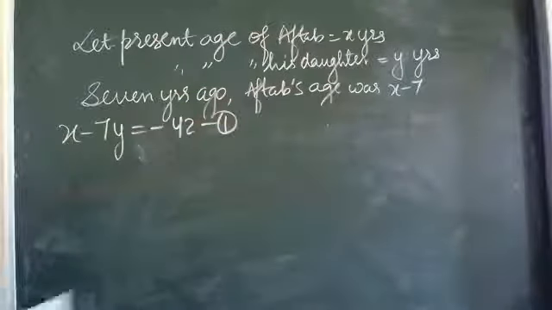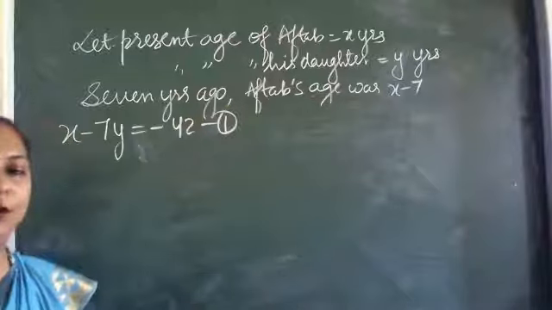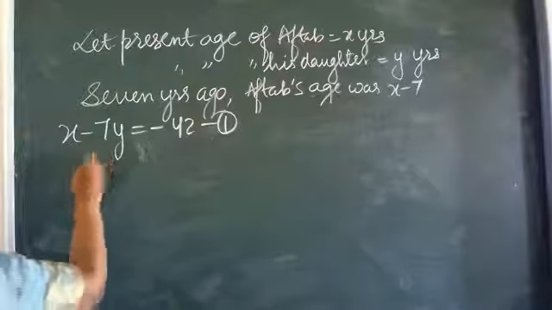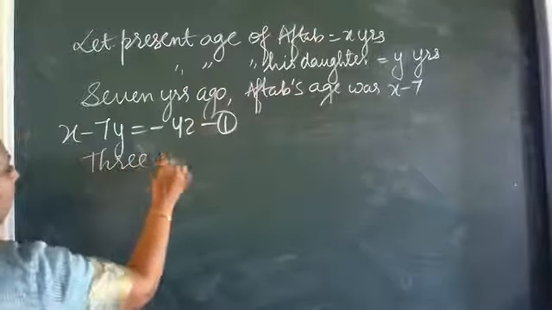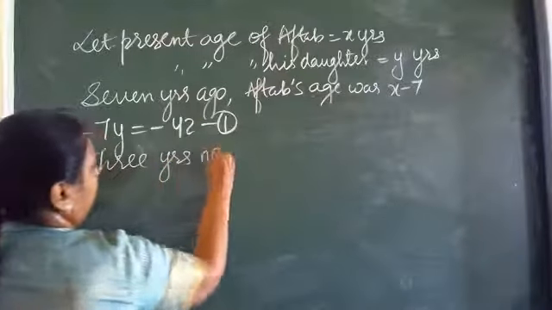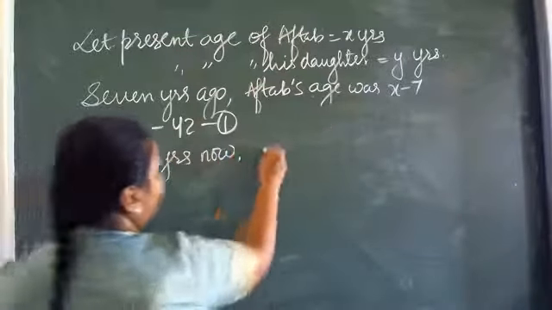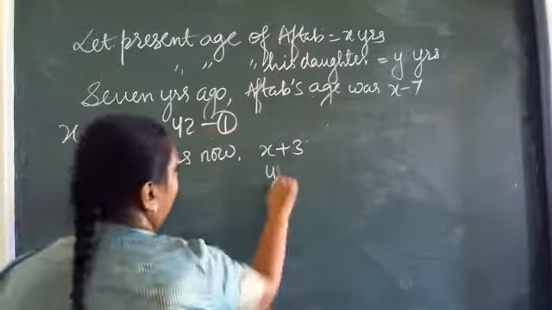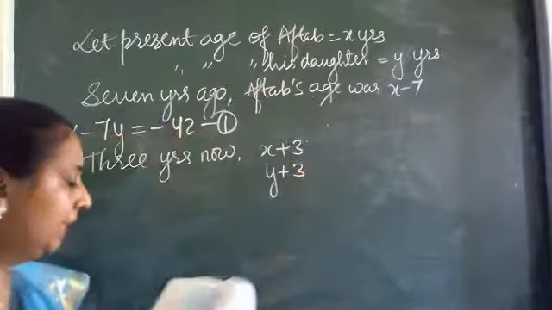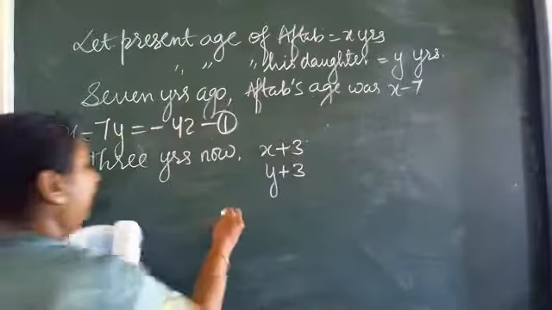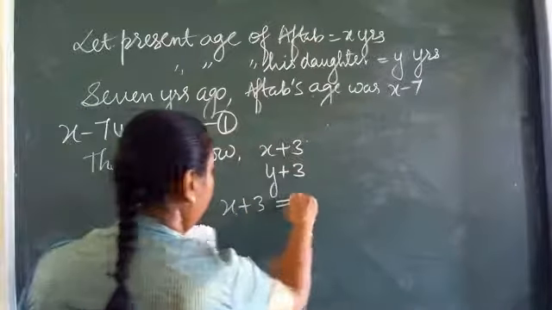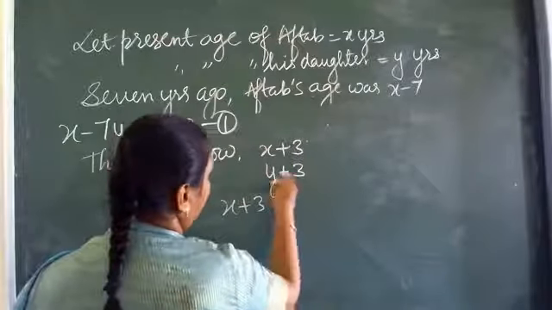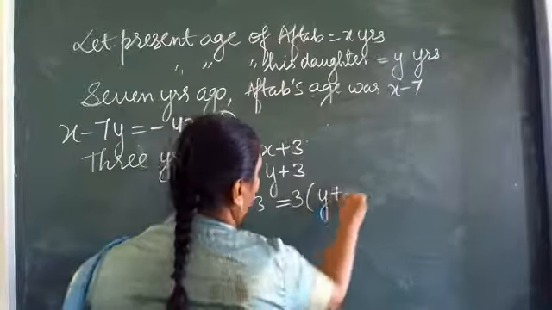The second condition is 3 years from now, which means after 3 years. Aftab's age will be x plus 3 and his daughter's age will be y plus 3. The condition is that Aftab's age is 3 times his daughter's age.